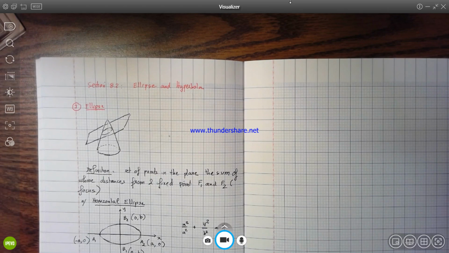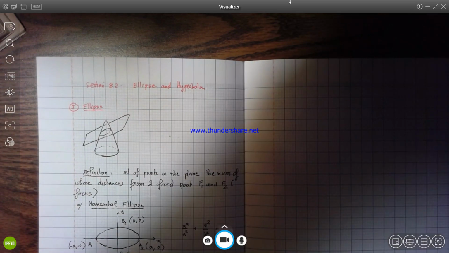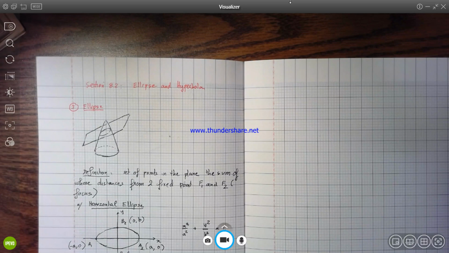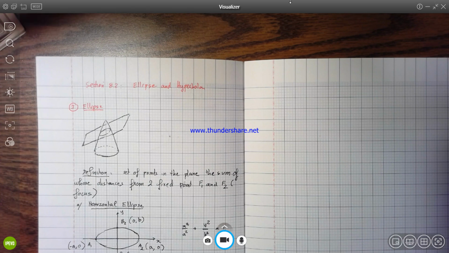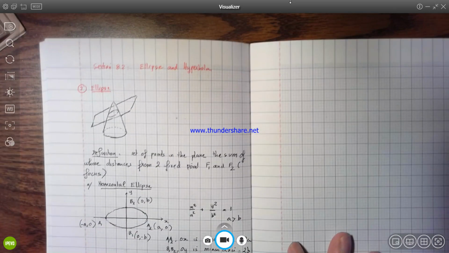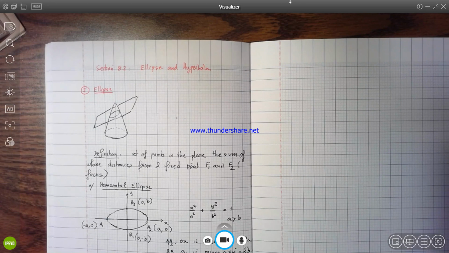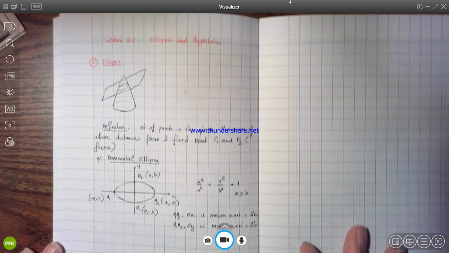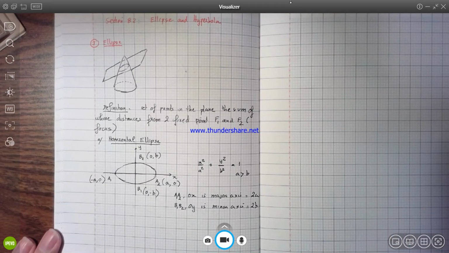That's the minor axis. Let me fix the line a little bit here. So 2A is the major axis, 2B is the minor axis.